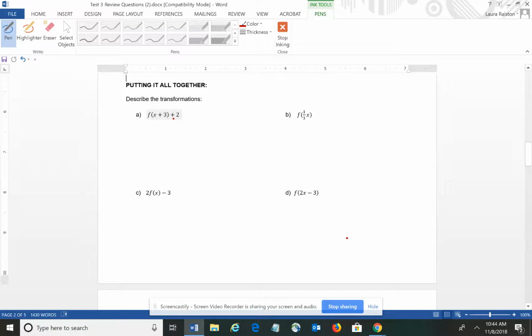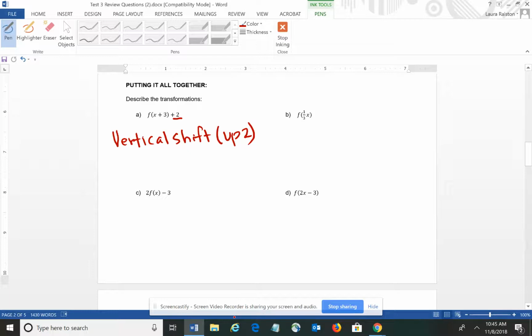Well, the first thing I notice is this plus 2 outside the parentheses. So it's kind of tagged on, an afterthought. And that represents the shift. And this would be a vertical shift. And we actually would go up 2 units because it's a 2 and it's positive. We go up.